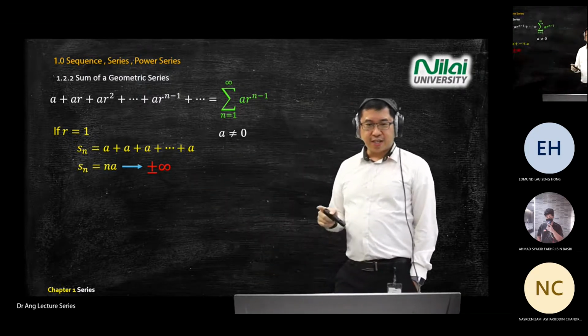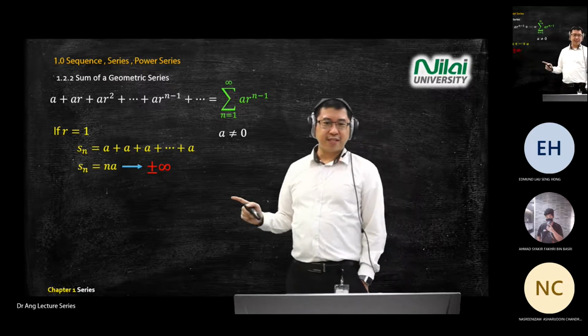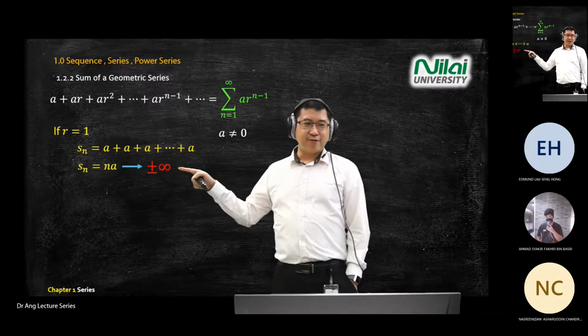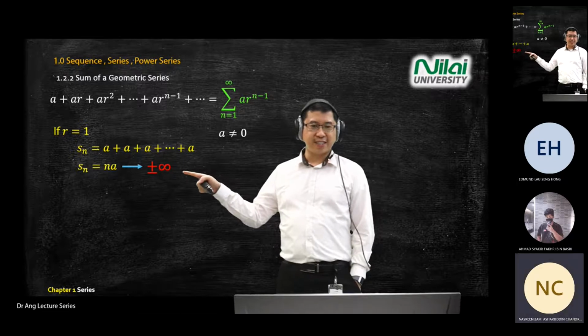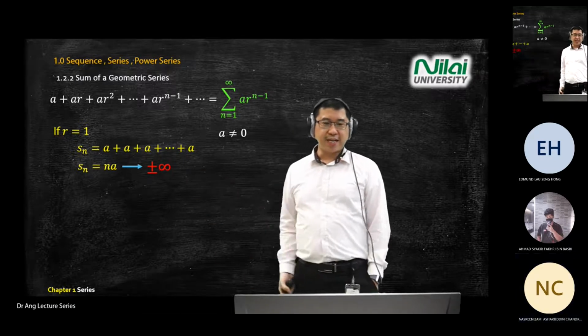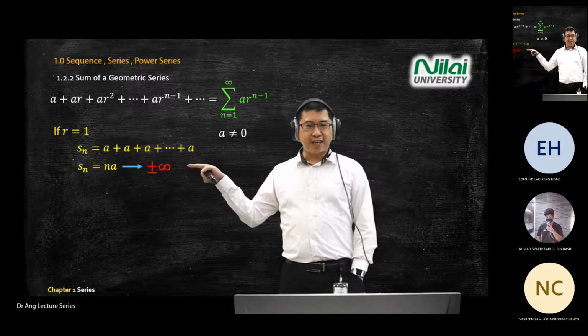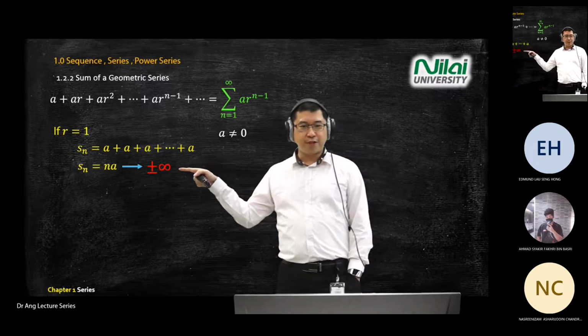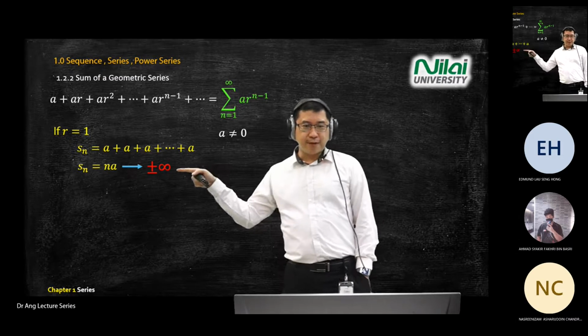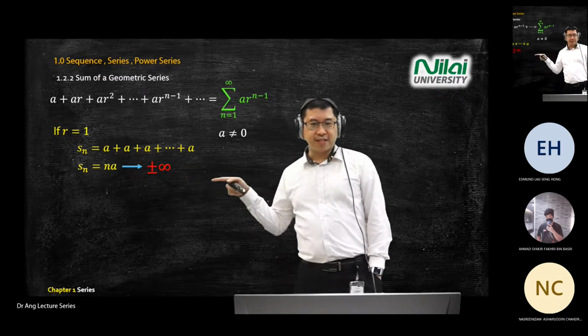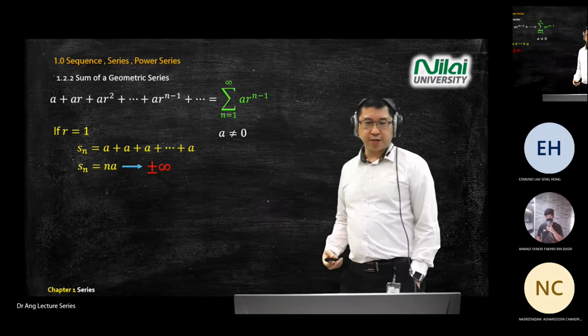Does it converge or diverge? Nizam, does it converge or diverge? Diverging. Diverging, right? If you cannot get a solid number or one individual number, it becomes divergent. For example, infinity, the number keeps increasing. So you get a divergent series.